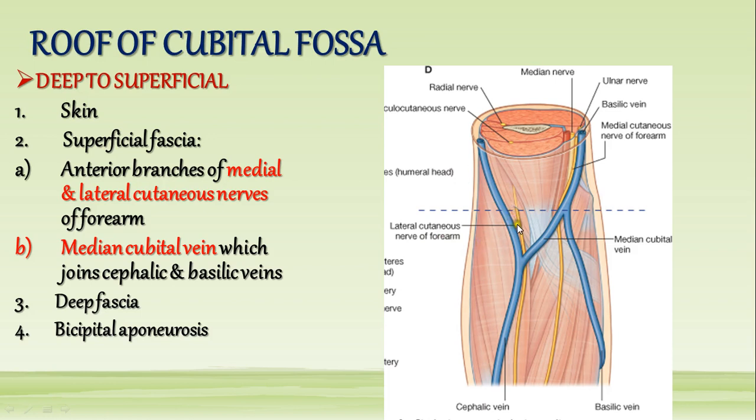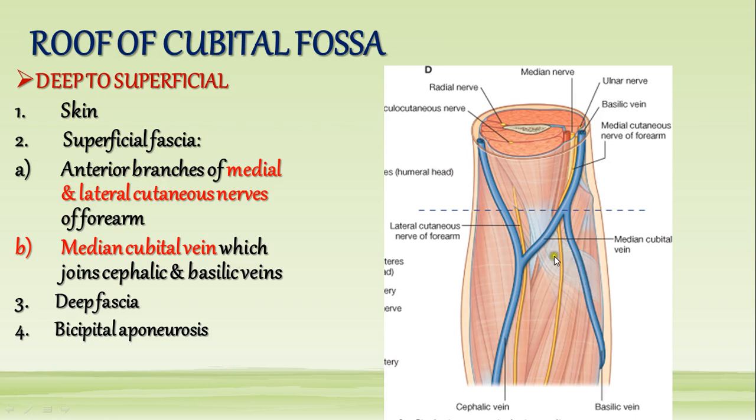This nerve is also present in the superficial fascia overlying the cubital fossa. The median cubital vein can also be seen in the superficial fascia overlying the cubital fossa. Now, the median cubital vein is actually a connecting vein which connects the cephalic vein with the basilic vein.